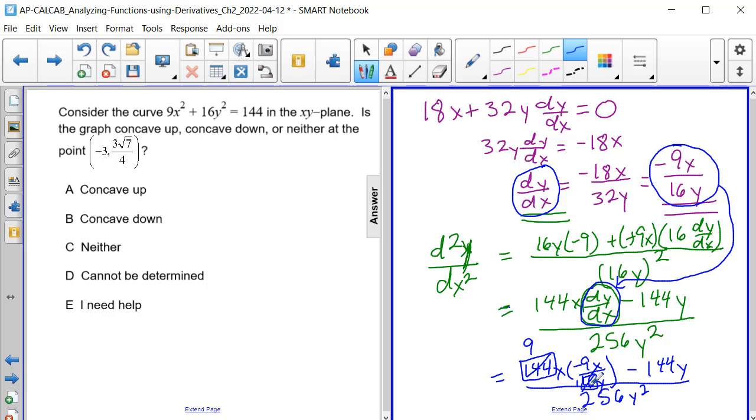And notice that in this new first term, we're going to have a denominator of y. So in order to combine our two terms that are in the numerator of our rational expression here, we're going to have to multiply 144y by y divided by y so that we have that y denominator.